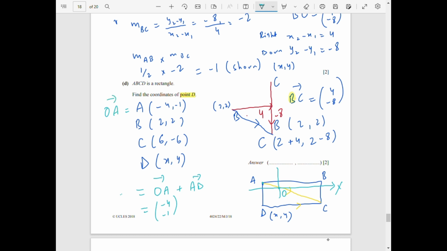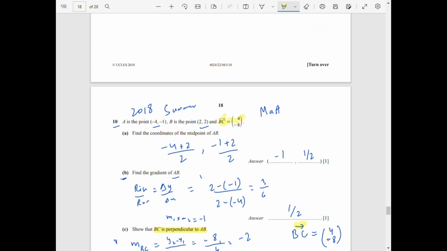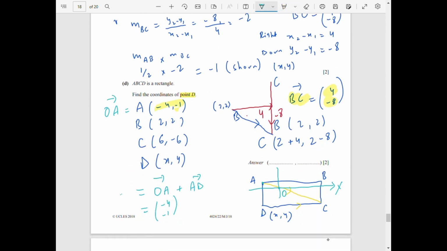So this I took from here, -4 and -1. Then AD I don't know, but what I do know is BC. Right here I have been provided in the question with BC. See here, this is BC, right? So if BC is provided to me, the same would be for AD as per the properties of a rectangle, right? A rectangle tells us that whatever BC is, AD is going to be the same.